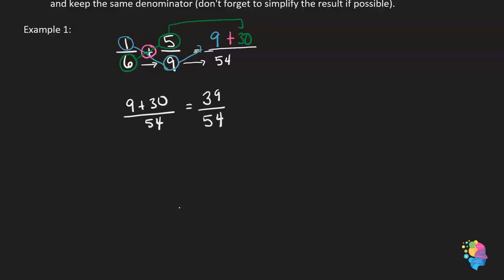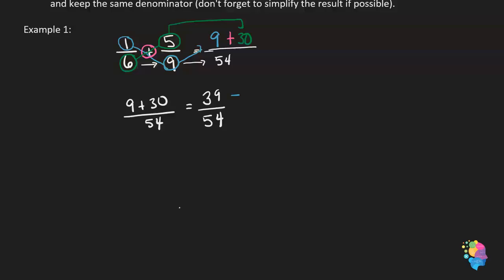Now you might be saying, this is not the same answer that we got on the previous. Well, the reason why it's not the same answer is because, like I said, for this particular method, we are going to have to simplify our result. So we check what number can divide evenly both the 39 and the 54, and that is going to be 3.